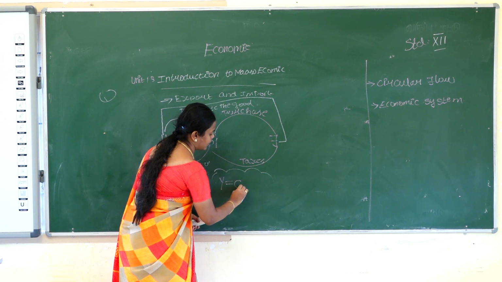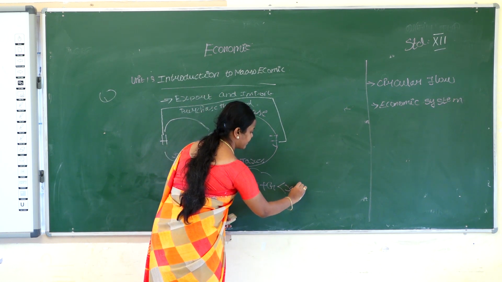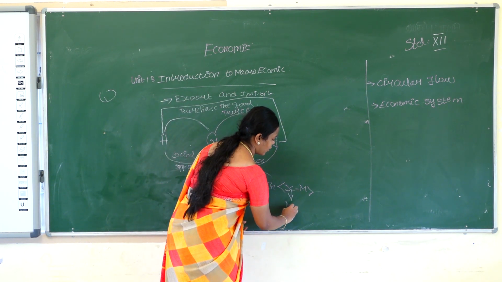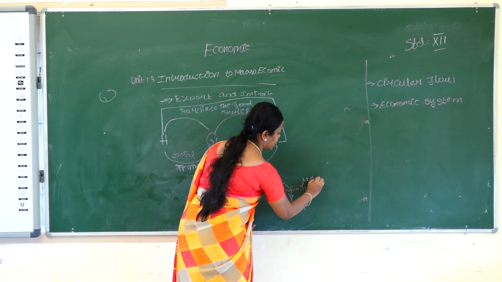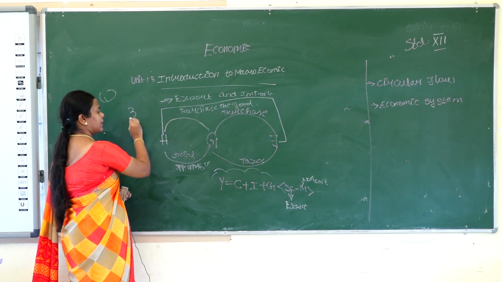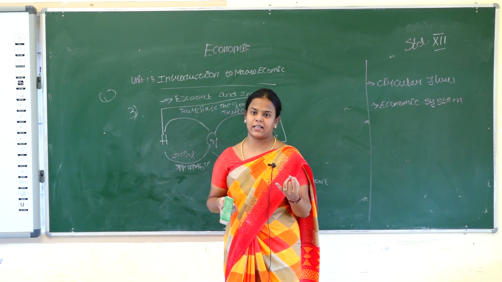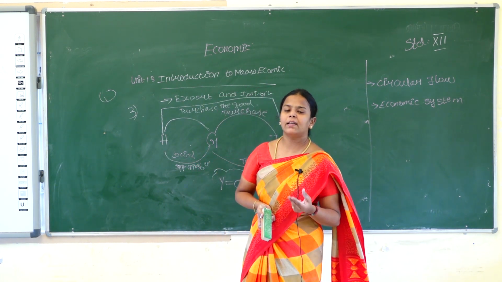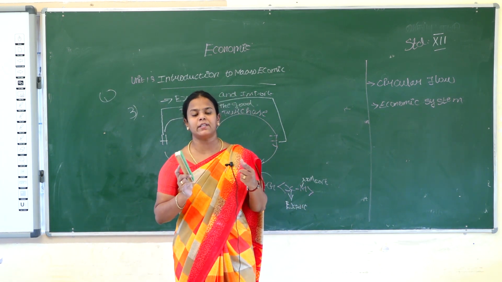Here the equation is y is equal to c plus I plus g plus x minus m. X minus m means export and import. Okay, this is the third sector. In the third sector, all are equal as we have seen in the first sector and the second sector. The extra thing added is export and import, and the equation is y is equal to c plus I plus g, with x minus m added to it.